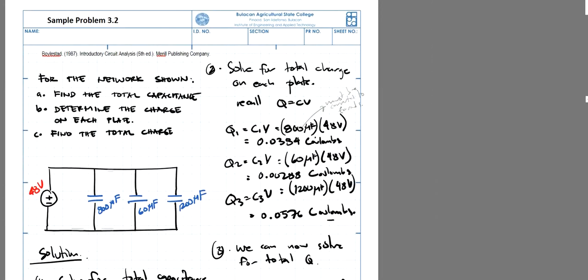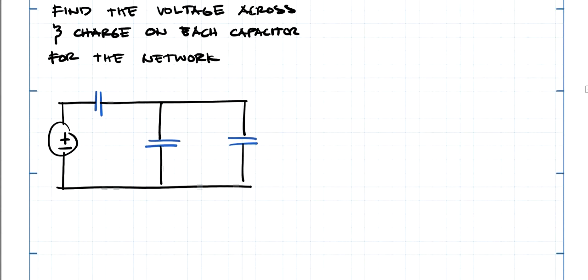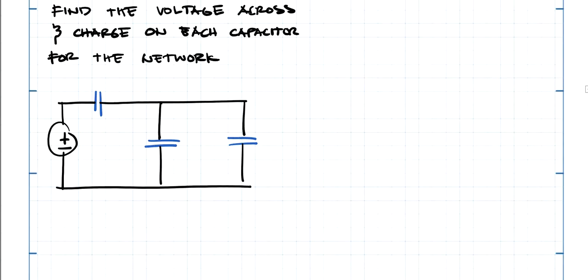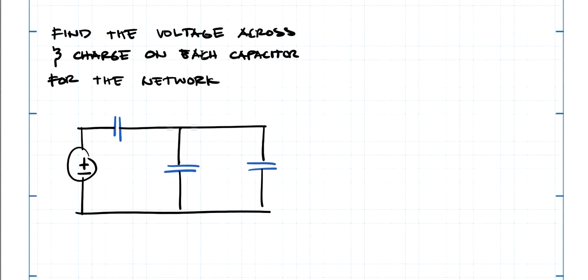Okay, so next, let's do another problem. For this problem, we still have to input the values. It says here, find the voltage across and charge on each capacitor for the network shown.